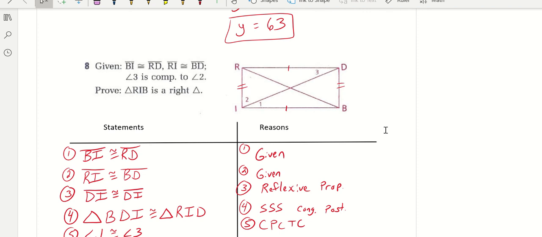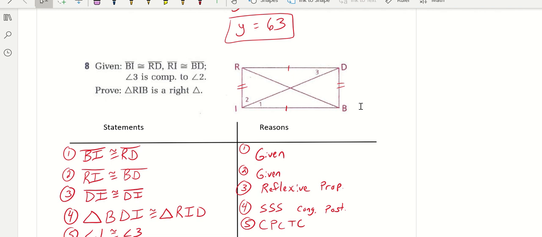All right, so the tough part on this is that you need to focus on triangle BDI first, this triangle on the bottom right, and focus on the triangle on the top left, which is RID. So triangle RID and triangle BDI.